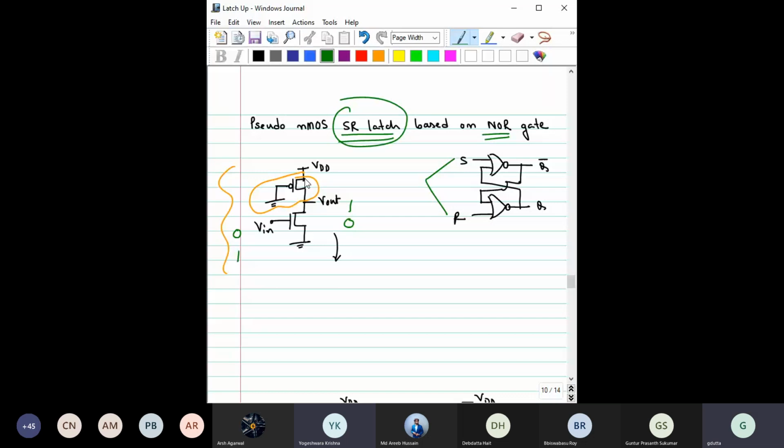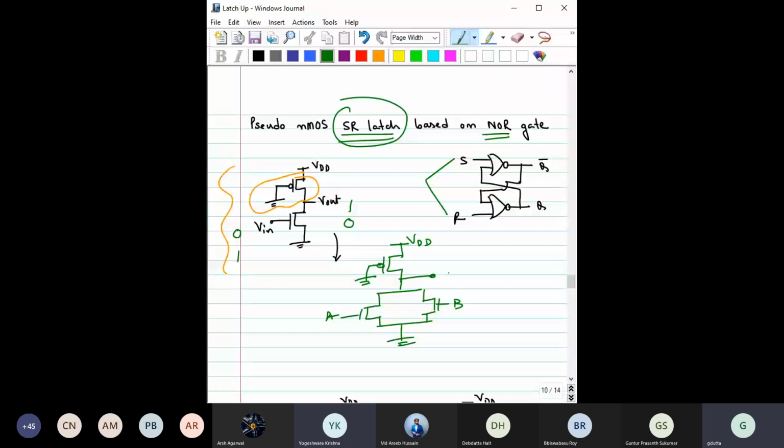The pull down network would be the same, right? So very good. Now please tell me what should I do? Two parallel combinations, right? This is A, B, ground.